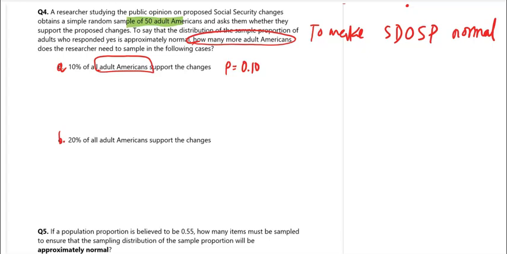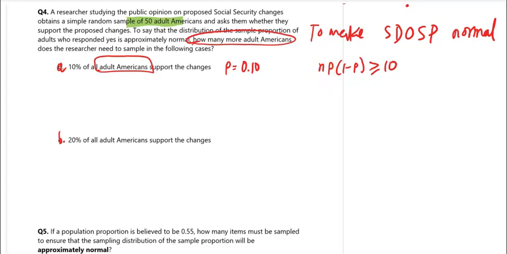There's a criterion we just did before: np(1-p) greater than or equal to 10 must be satisfied. There are two criteria, by the way, and this first one must be satisfied to make the sampling distribution approximately normal.